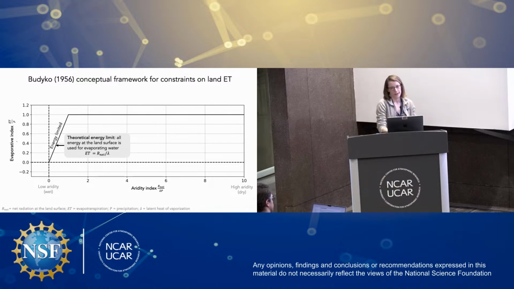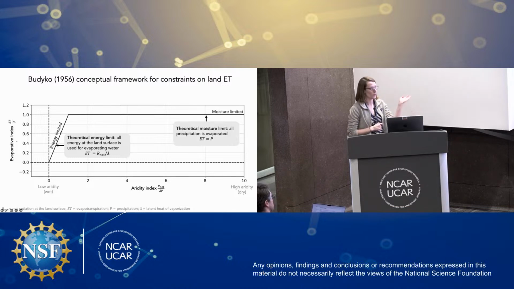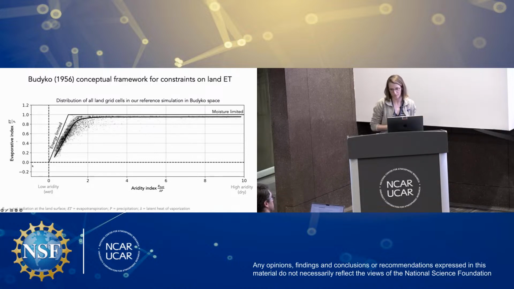So if you're limited by energy, you fall along this line here. And then there's also a moisture limit. So you'd be along this line if all precipitation that falls at that place is evaporated. The meaning of these lines is switched in some variations of this space, like if soil moisture is on the x-axis, but I'm sticking with the simple one.